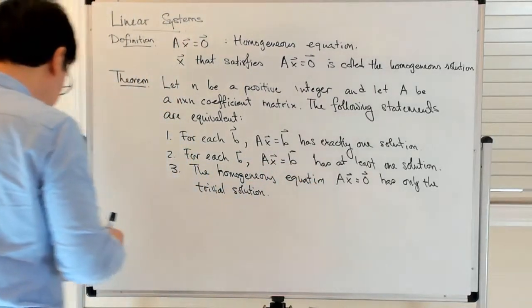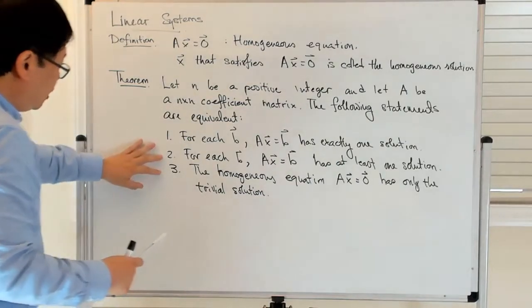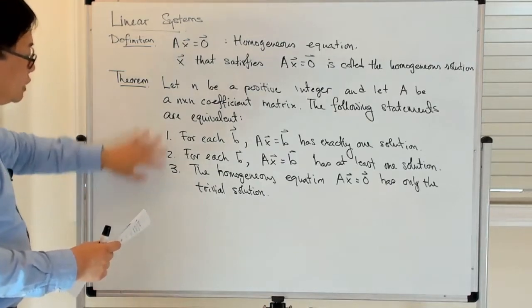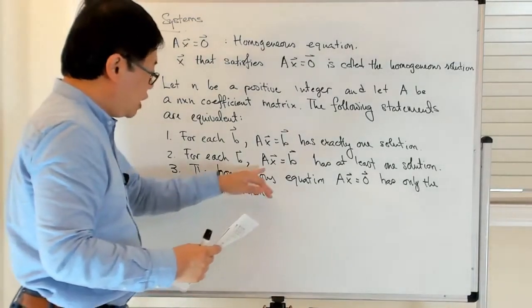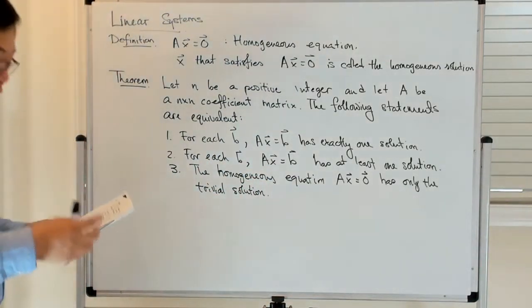And if you've done some linear algebra, which you should have for the purposes of this class, then you know that these properties are related to whether this matrix A is invertible or has full rank and things along those lines.